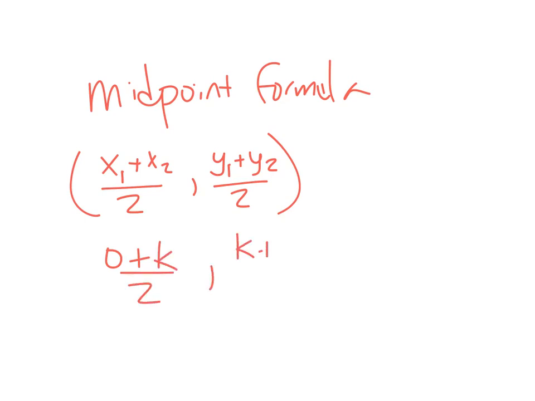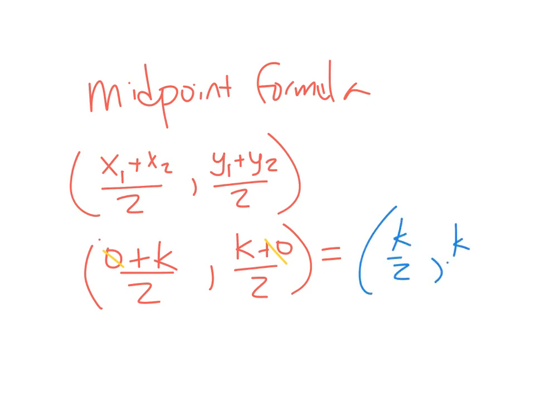And you'd say k plus 0 divided by 2 for the y's. Well, can you divide 0 divided by 2 on either one of these? No, so you just cancel those out. So your answer is going to be k divided by 2 for x, k divided by 2 for y. So this is the midpoint. I forgot the letter P, midpoint.